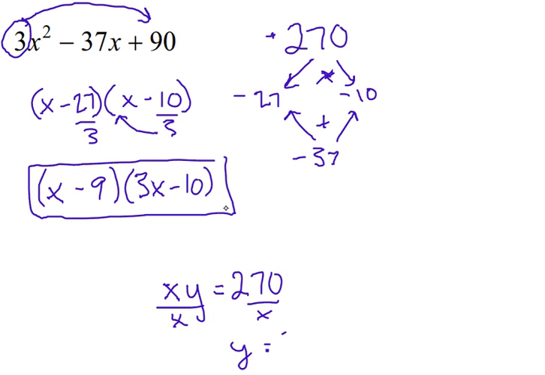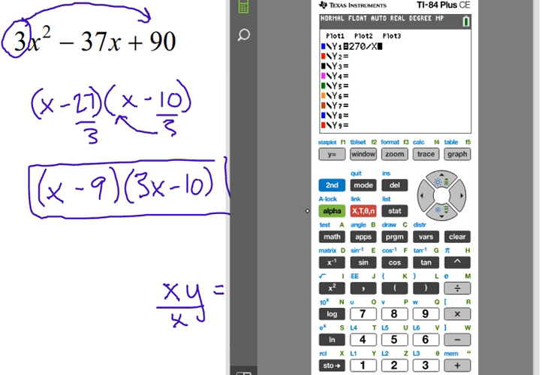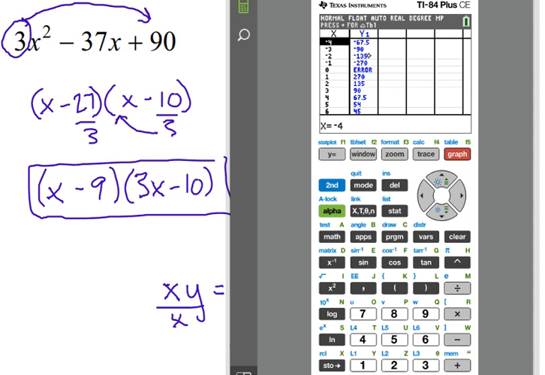Y equals 270 divided by x. And that is a function for which all of the pairs, so if you hit second and graph, it takes you to a table, and every pair in this table is two factors of 270.